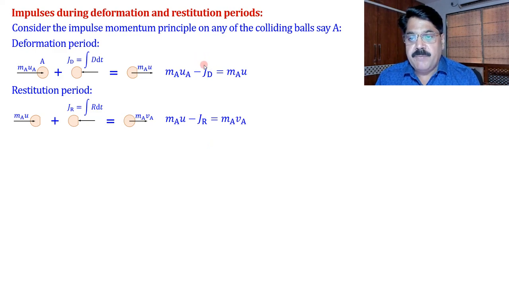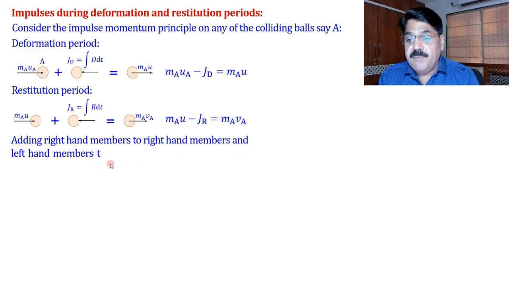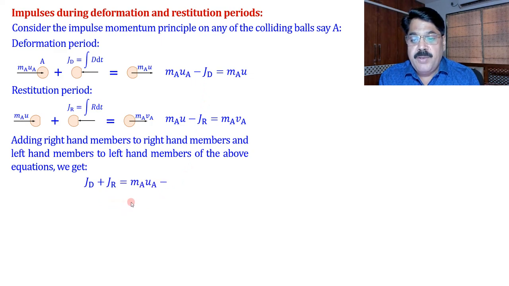So here we are giving symbols to the impulses: impulse of deforming forces during the deformation period, J subscript D, and impulse of deforming forces during the restitution period, J subscript R. Adding right hand members to right hand members and left hand members to left hand members of the above equations, we get J_D plus J_R is equal to M_A U_A minus M_A V_A.